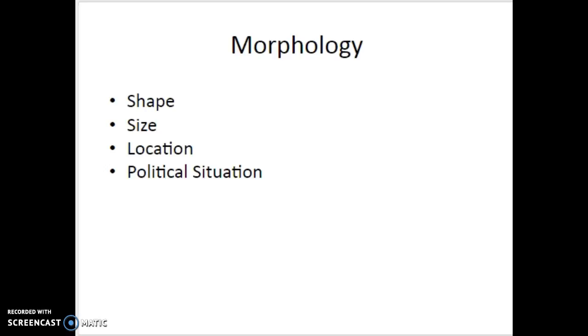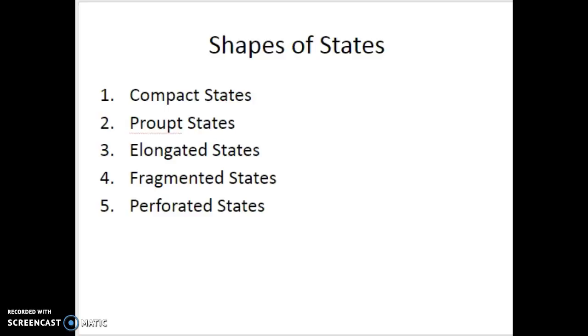The shape can help us understand the relationship of the state with the different states around it, and political situation, how it would interact or what types of agreements or conflicts it might have with potential neighbors. The College Board wants you to be familiar with 5 main identifications of state shapes: compact states, perforated states, elongated states, fragmented states, and prorupted states.